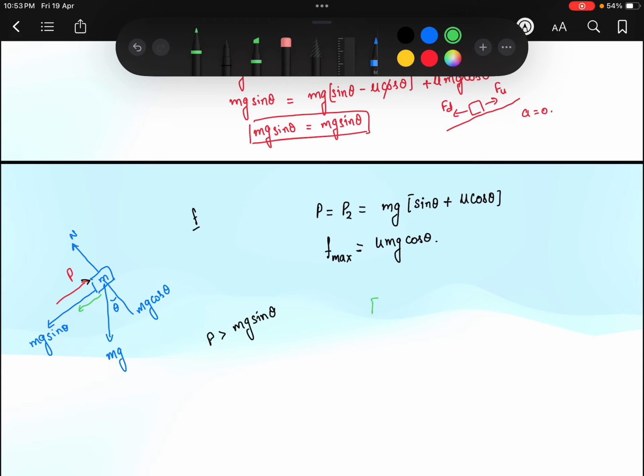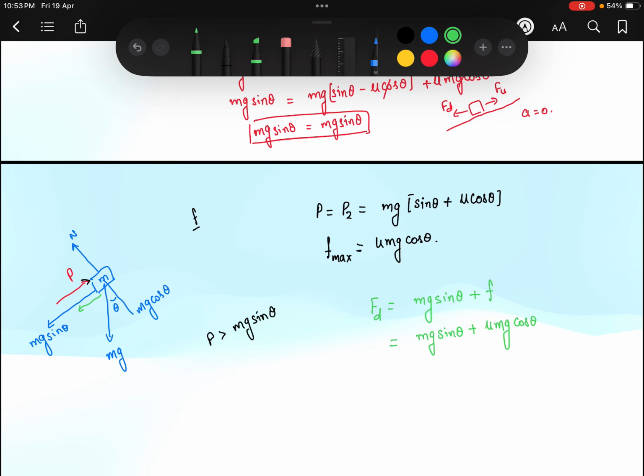So here the net downward force, F downward, we will write that will be mg sin theta plus this frictional force, that will be equal to mg sin theta plus mu mg cos theta, right?